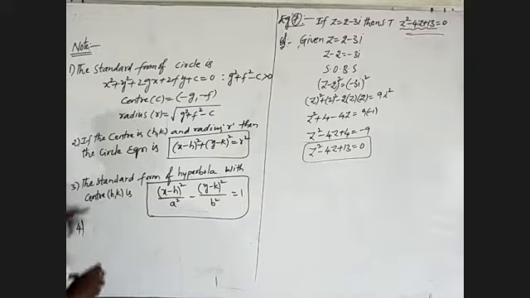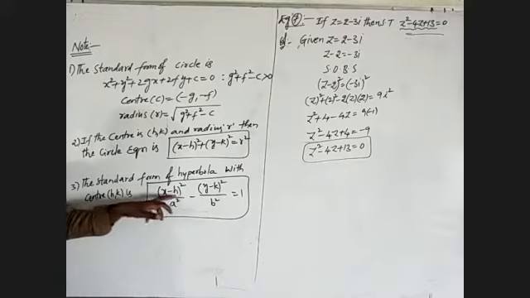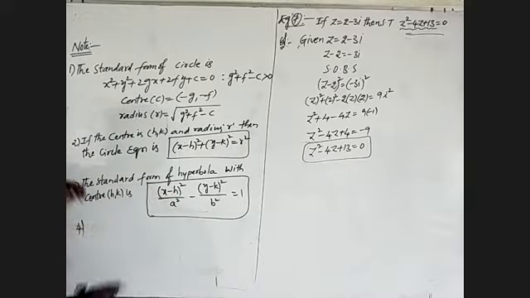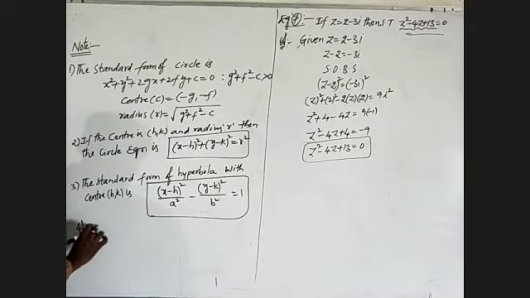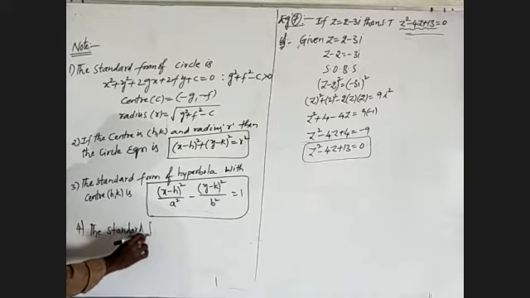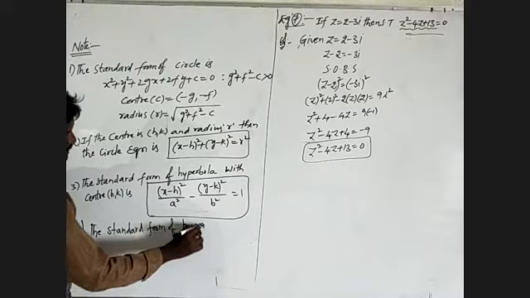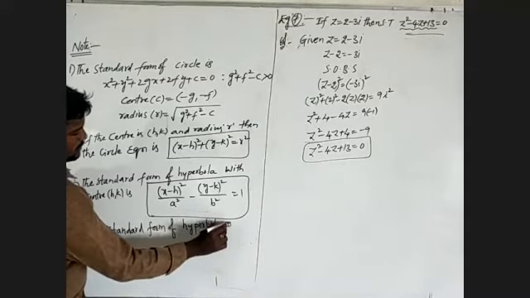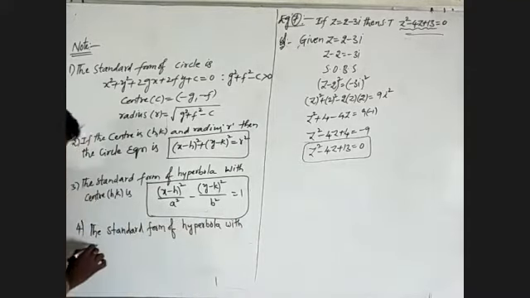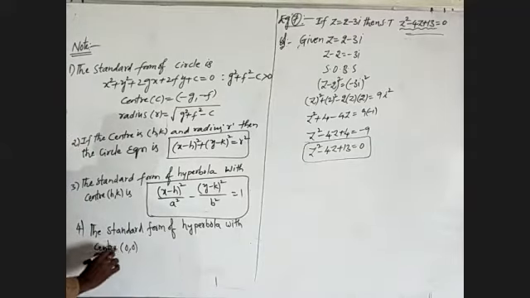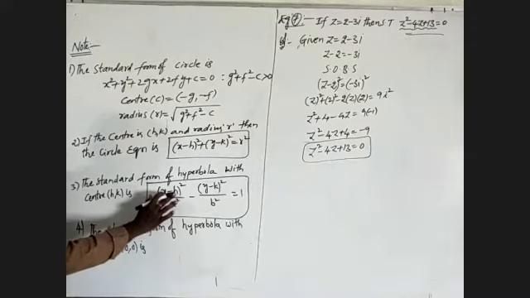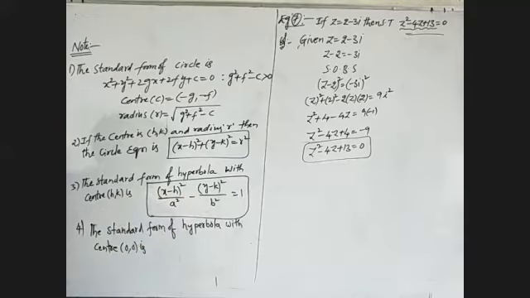After that, we take the center as 0 comma 0. This is also 0 and this is also 0. That will be written as the standard form of hyperbola with center 0 comma 0. h I have replaced with 0, k also replaced with 0.